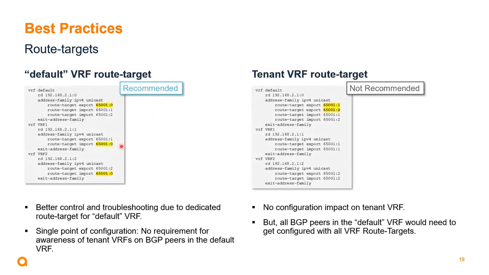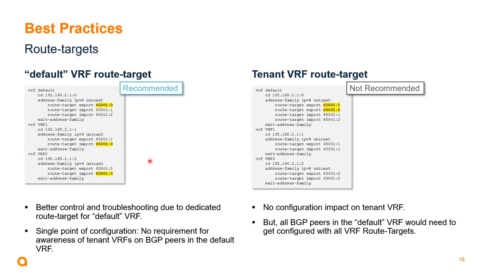So this is reflected in the left column as a best practice recommendation, contrary to the right one, which is a possibility but not really recommended. We already covered that recommendation with a default VRF route target that is introduced and that is imported in the tenant VRF. So we have better control and troubleshooting due to the dedicated route target for the default VRF.